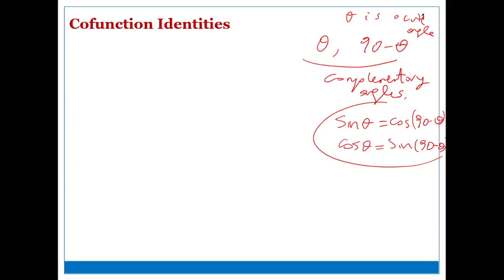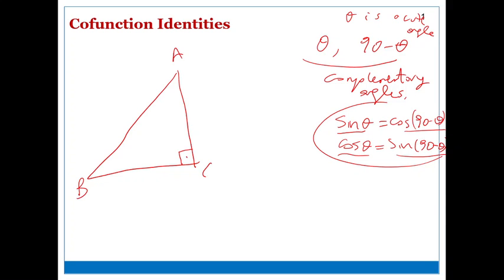Now I want to show where these identities come from. Why do we have this relation, sine theta is equal to cosine 90 minus theta and cosine theta is equal to sine 90 minus theta? The first thing I want to show you is this right triangle, and let's say this is ABC, and let's say this is theta.